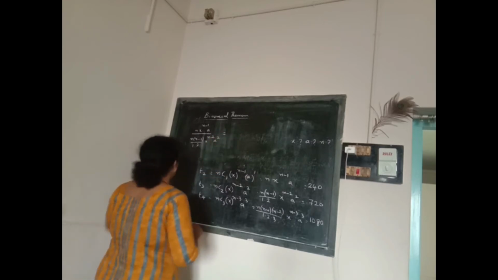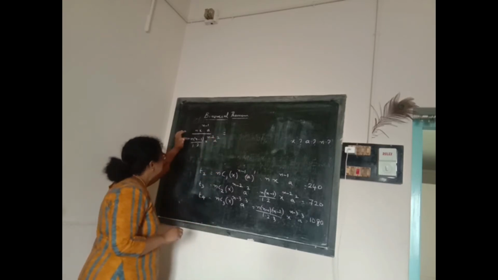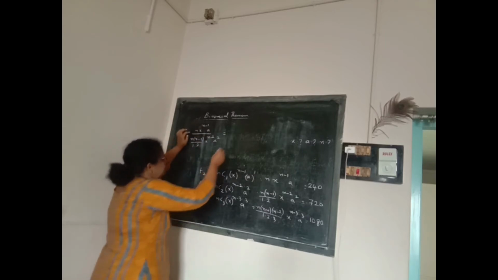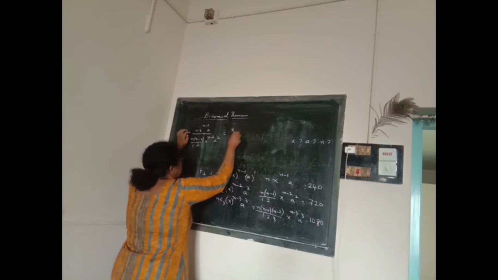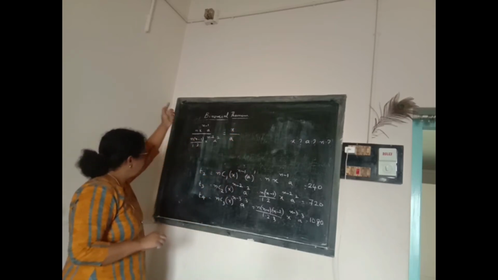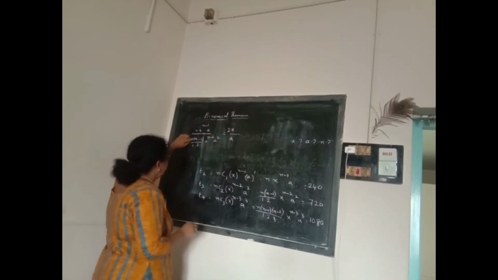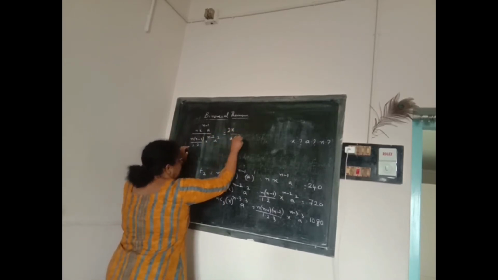When we divide, things get cancelled. x raised to n minus 1 means one x remains, so numerator x will come, denominator a will come, and this 1 into 2 will go up. So it is 2x, then n minus 1 will come.